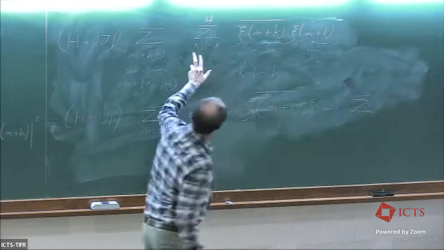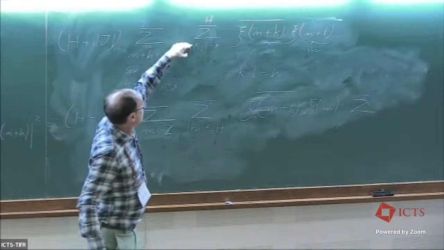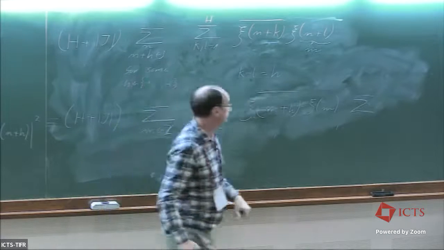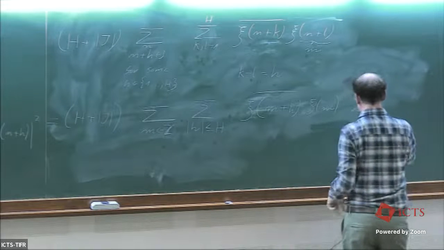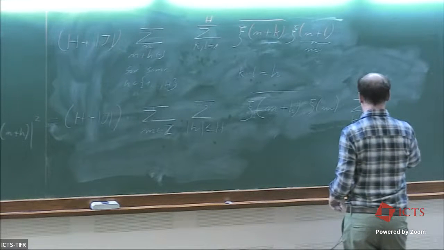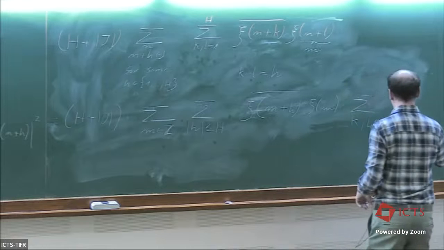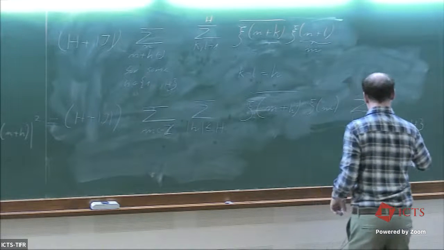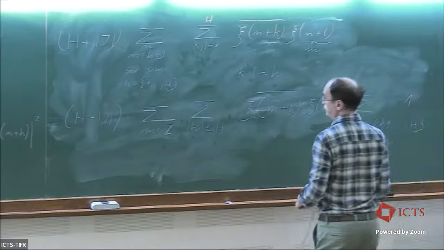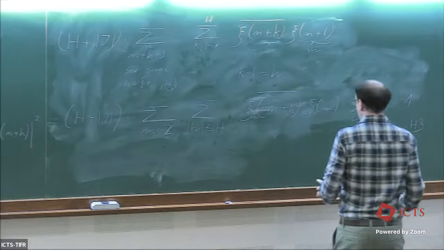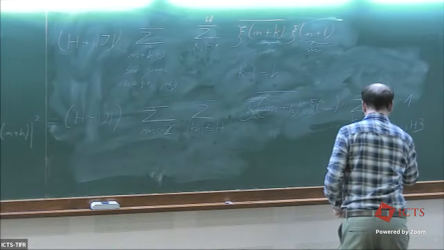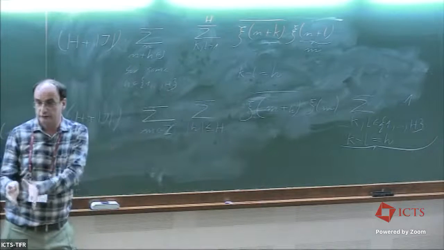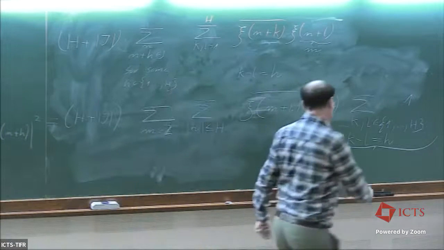And now you count the k, l in this interval from 1 to H such that k minus l is equal to h. And this number is precisely capital H minus modulus of small h.